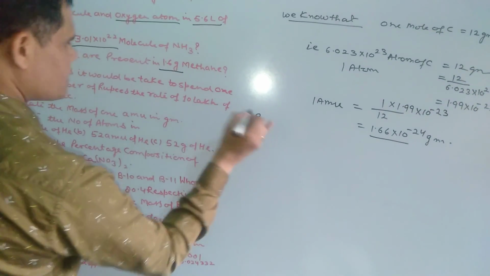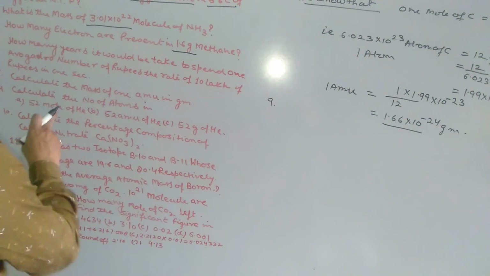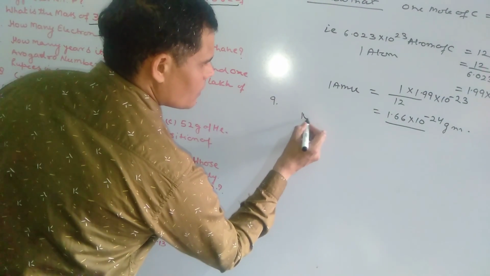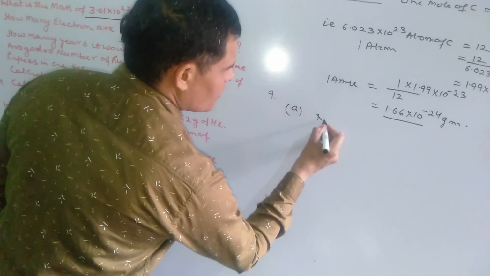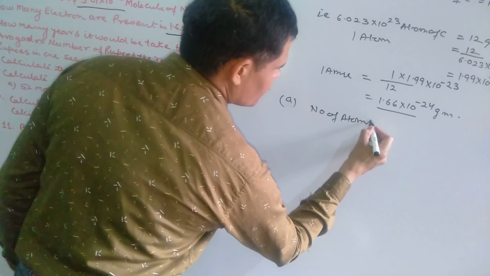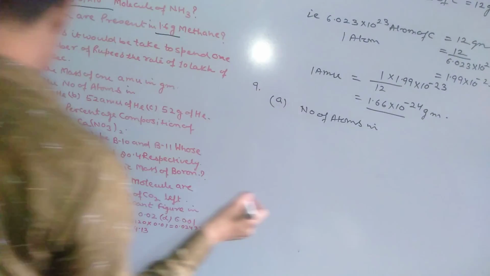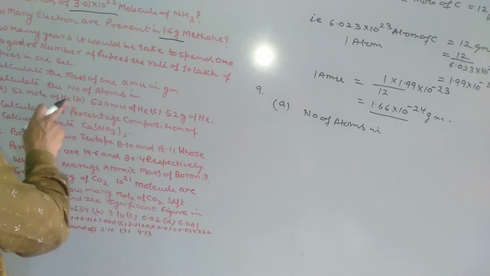Next question is 9. Calculate the number of atoms. First of all, that is the first case, number of atoms in 52 mole of helium.